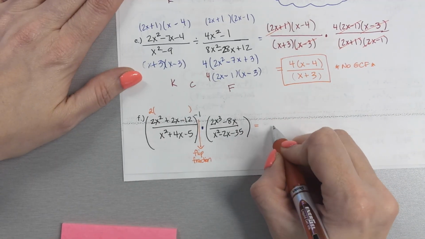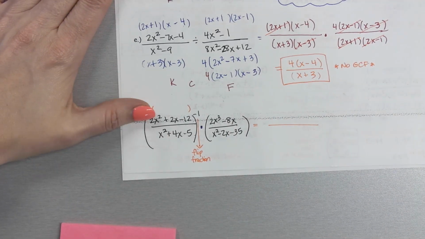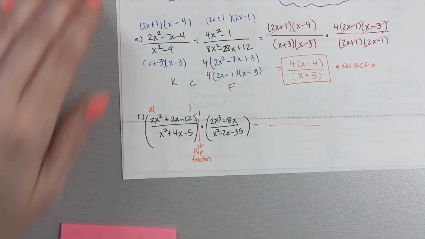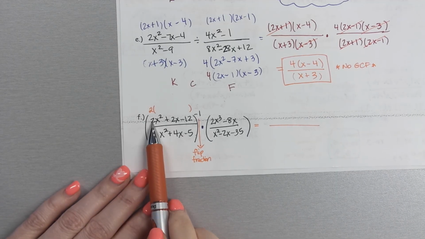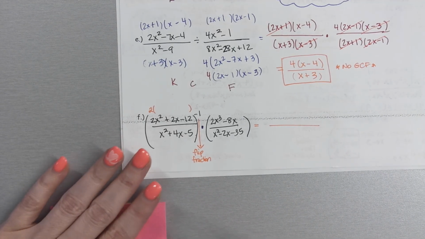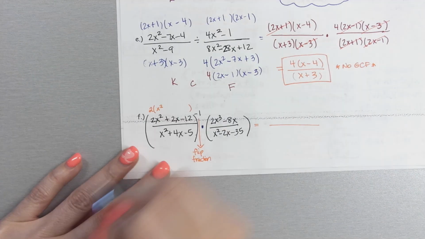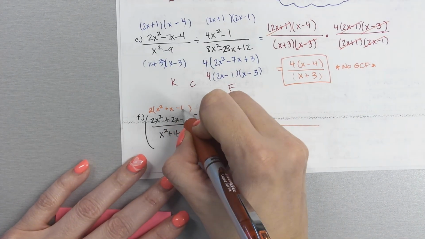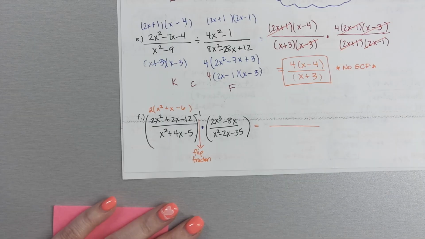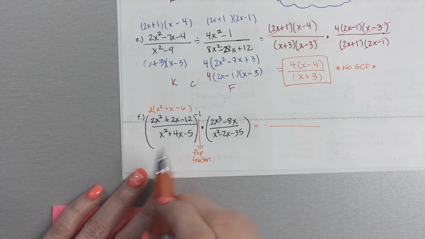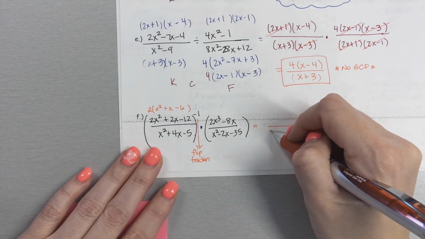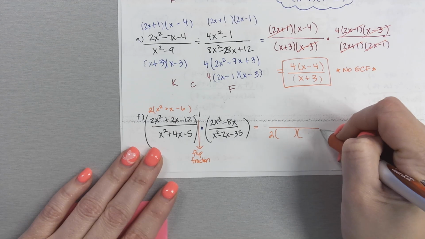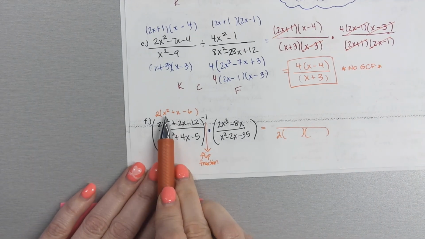Okay, so when we flip it, I thought we'd factor it first so that we don't have to write that out again. So look, this is 2, 2, and 12. So let's make our factoring a little bit easier and take out that 2. So x squared plus x minus 6. Okay, so if we're flipping that fraction, this 2 is going to go on the bottom, and then let's factor the trinomial.